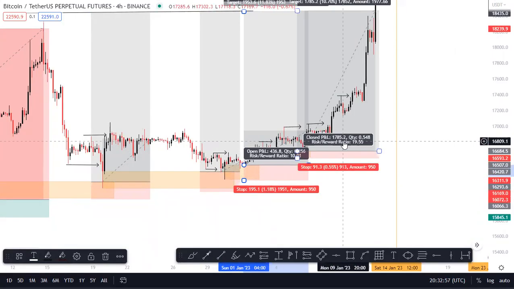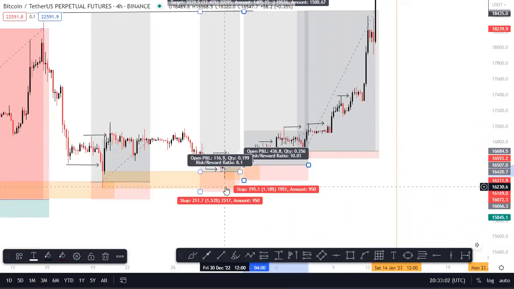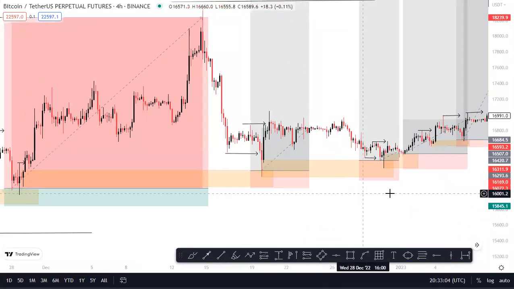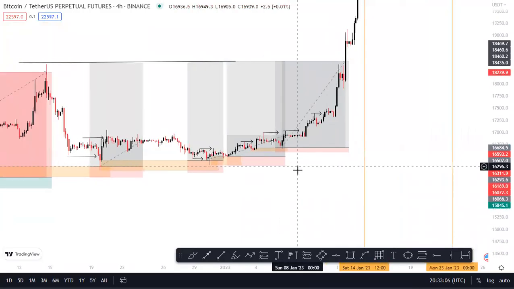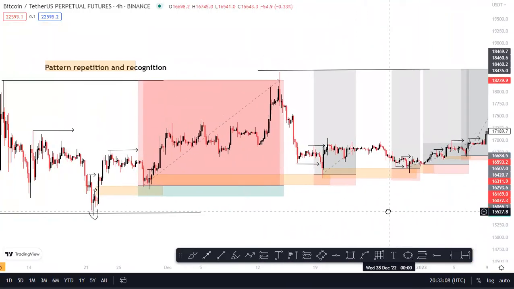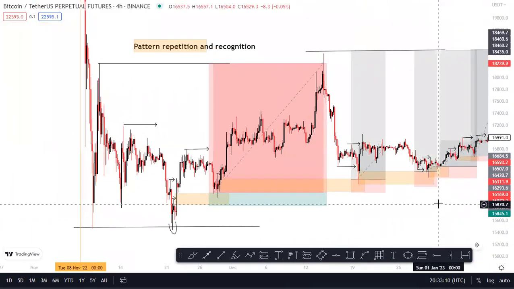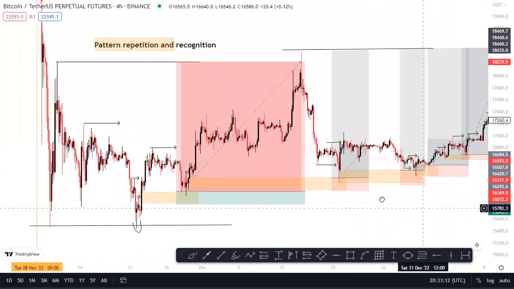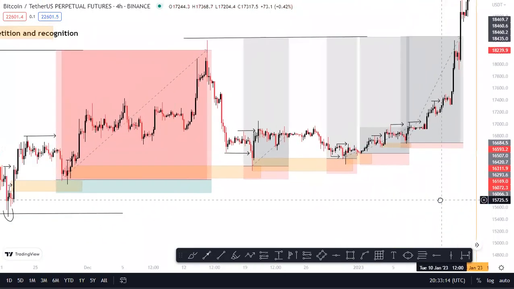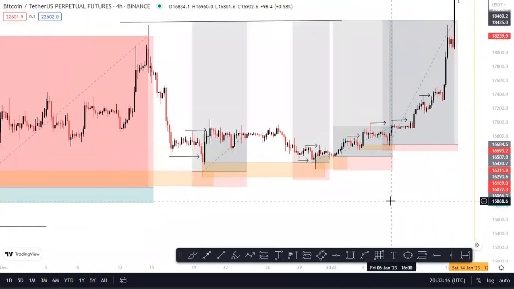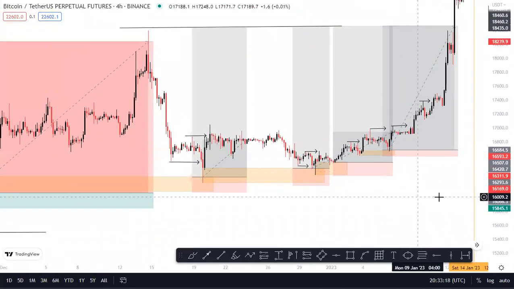Look at how they were 1 is to 19, 1 is to 10, 1 is to 8, 1 is to 9. But the goal is not just to get a much rewarding RR, it's to trade and make money, right? Don't confuse anything. Just trade and make money.